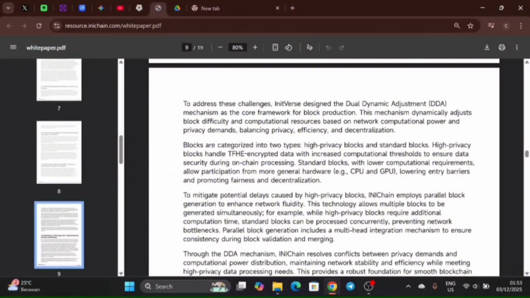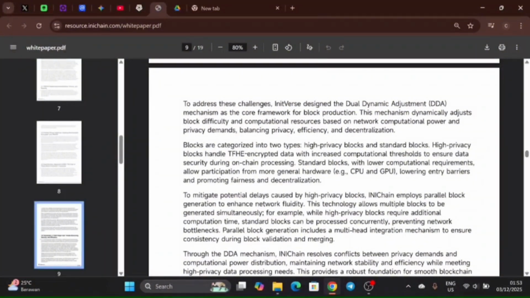So they can make maximum use of devices like ASIC, and also use GPU or CPU computation to process low demand data.